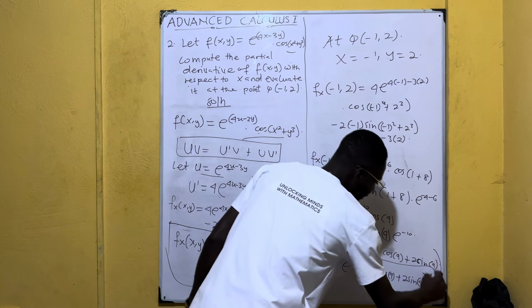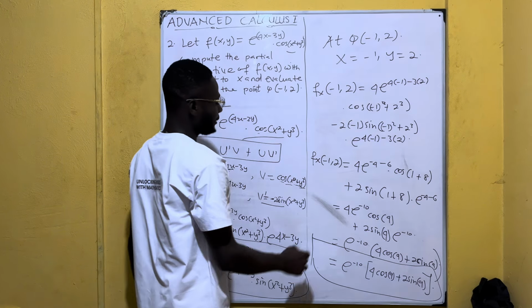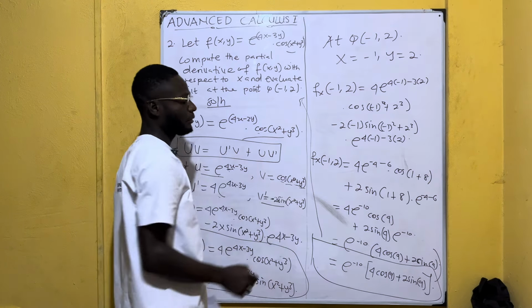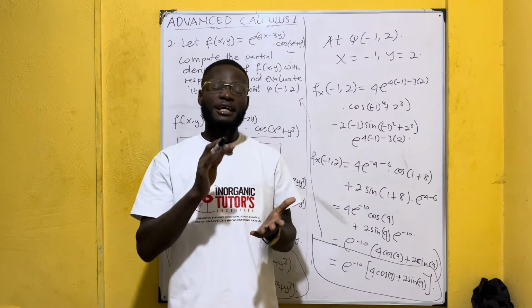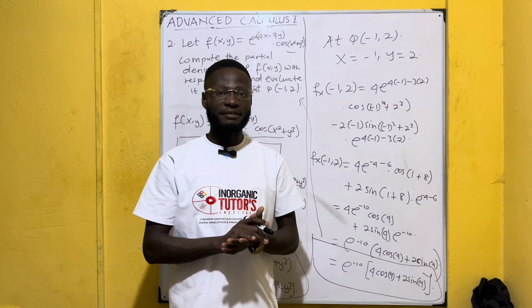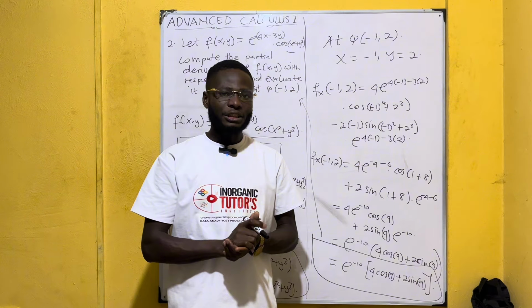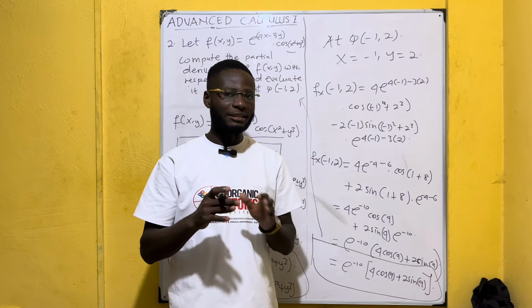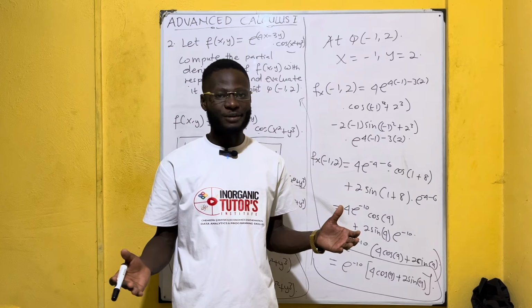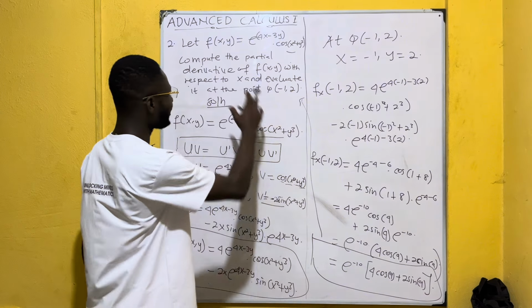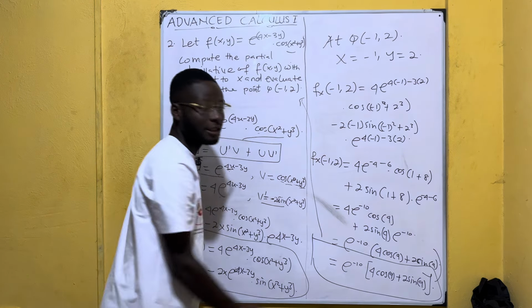So this is our answer to this particular problem. Very, very easy. The trick is, remember your trig derivatives, remember your basic product and differentiation rules. That is all about mathematics. So this is the solution to this question number 2.